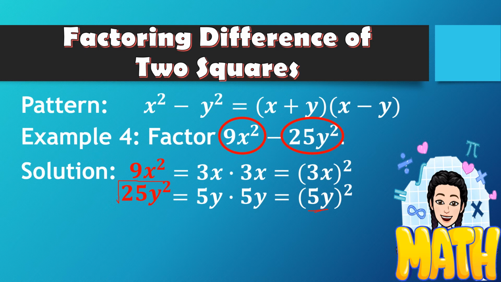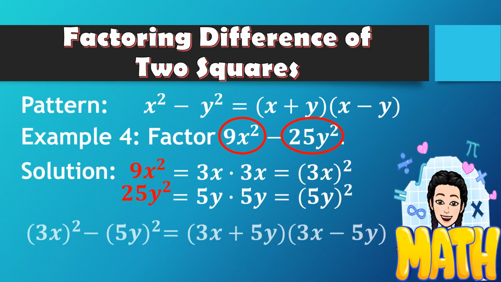Since minus din ang operation niya, confirm na ito ay difference of two squares at pwede na natin gamitin ang pattern. So, para sa pattern nito, gagawin lang natin na product ng sum ng 3x at 5y at ang difference ng 3x at 5y ang factored form.